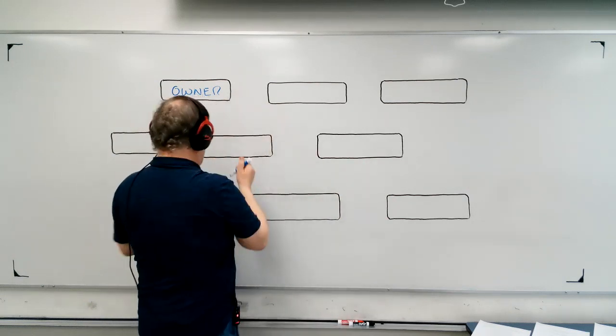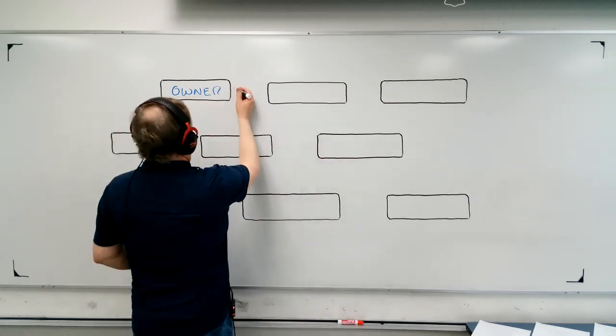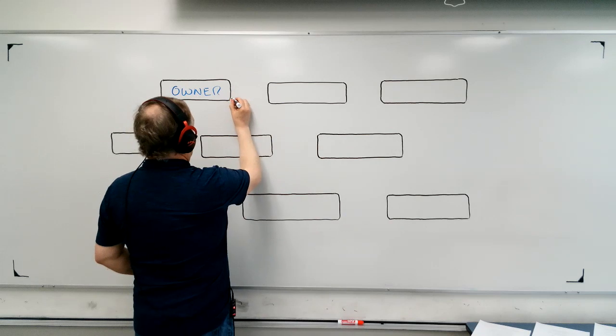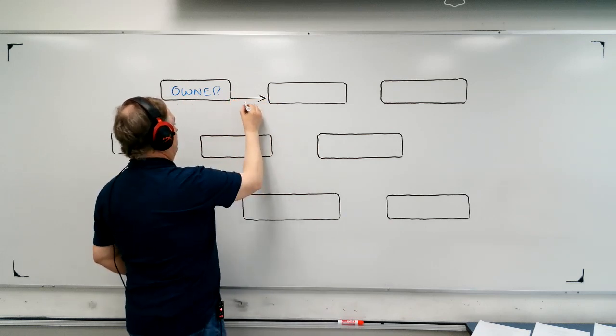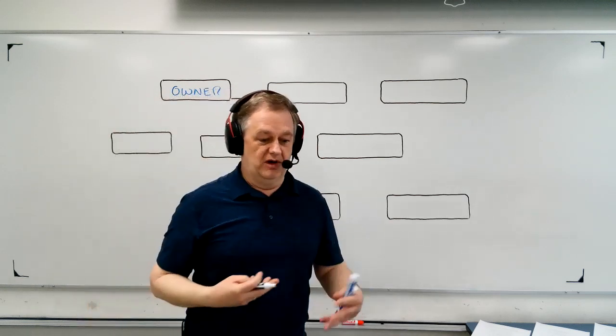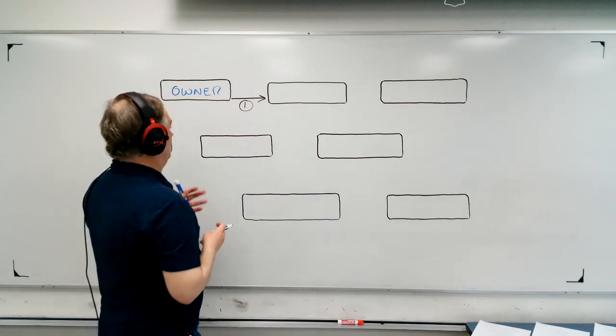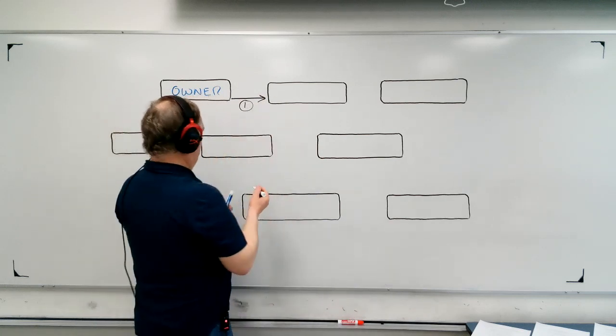So the first thing that happens is that the owner will draft up his ideas, and I'm going to call this 1. He'll draft up, generally speaking, what he wants to communicate to the architect in terms of his ideas and what he wants for the project.